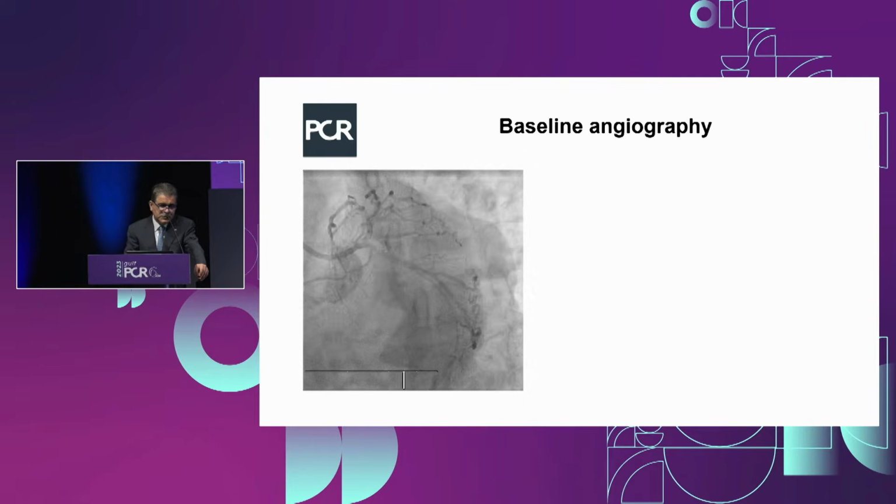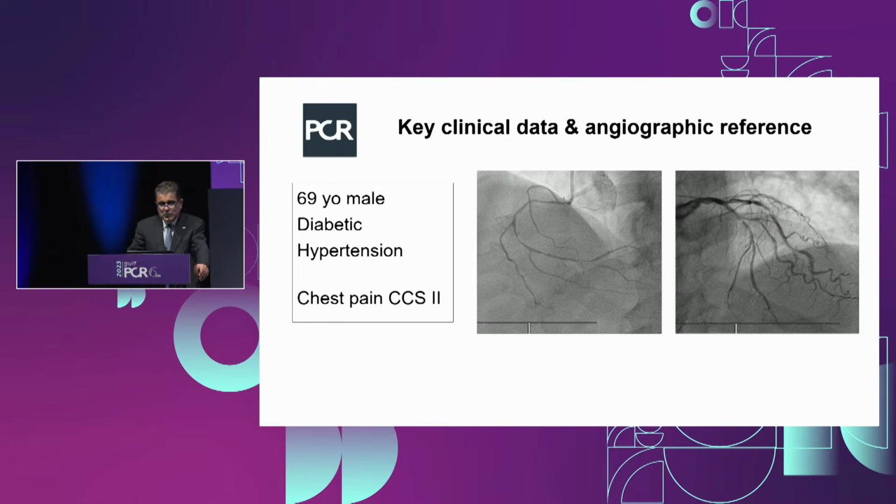And that's the spider or the caudal view. There's also ramus involvement. So in summary, this case is a 69 male, all risk factors, symptomatic with multivessel disease. And the most critical disease in this is the LAD, heavily calcified long lesion.